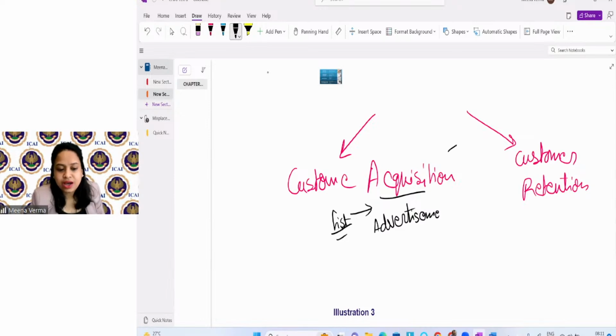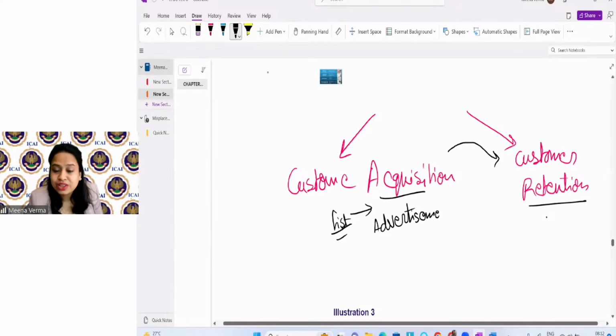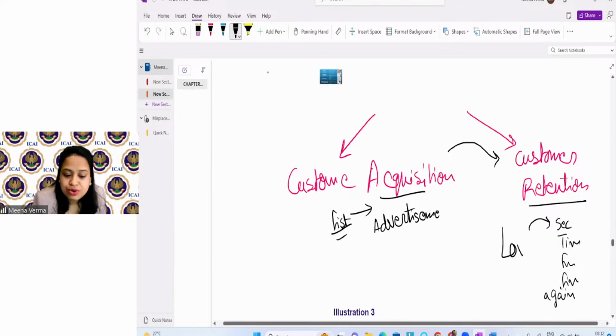But after acquisition, we want to retain them. Retain ka matlab, the same customer without any advertisement is coming to you a second time, a third time, a fourth time, a fifth time, again and again. Why, without any advertisement, is this customer coming again and again? Because he loves your product, right?